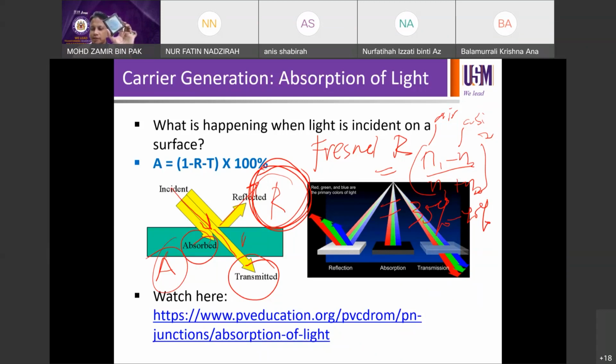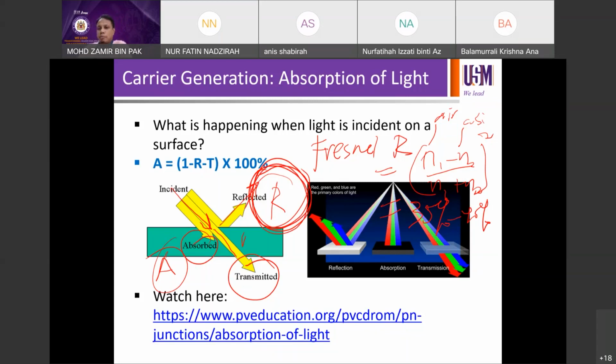That's dictated by the Fresnel equation: 1 minus 3.9 over 1 plus 3.9, squared, gives about 35 to 40%. If you don't measure, you just see, oh, it's reflective, you can see your face like a mirror, just qualitative. But if you measure, you get about 35 to 40%. That will dictate the level of reflection that you have here.